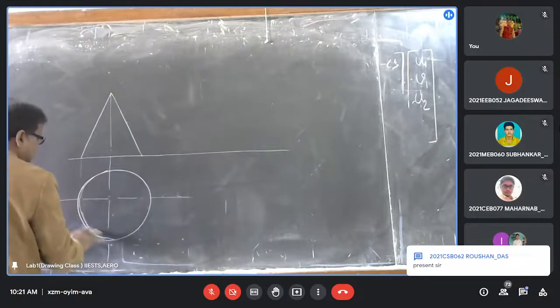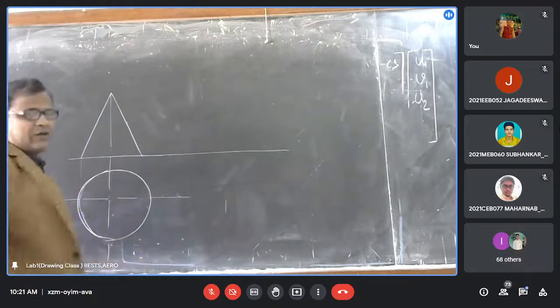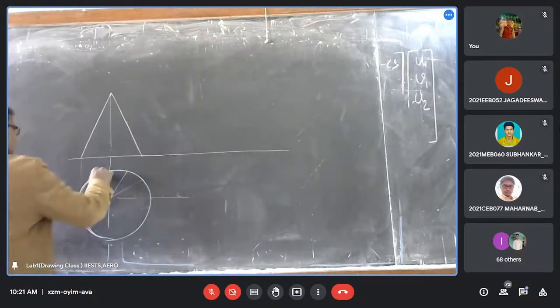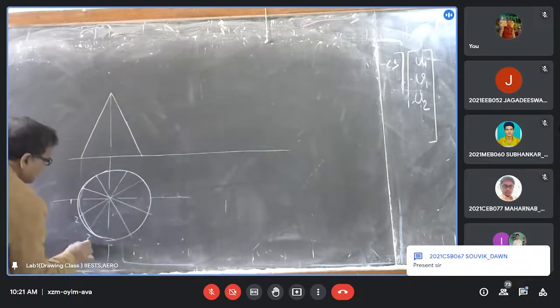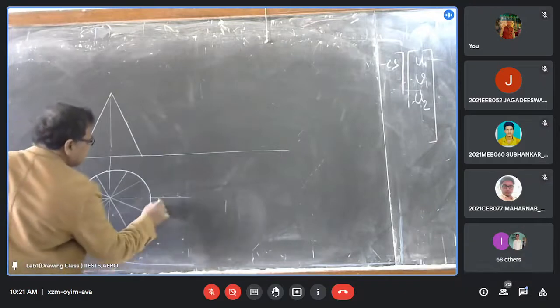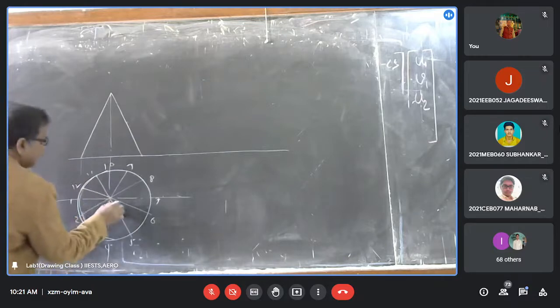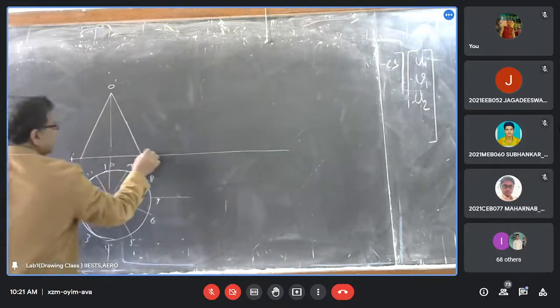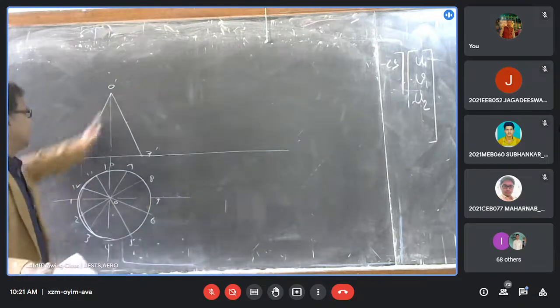Though there are no edges, in that case you should divide this circumference into 12 equal parts. Okay, like this. And put the names 1, 2, 3, 4, 5, 6, 7, 8, 9, 10, 11, and 12. And vertex O. So automatically it is coming over there, and this will be 1 dash and this will be 7 dash. And in the middle there are 2 lines overlapping.